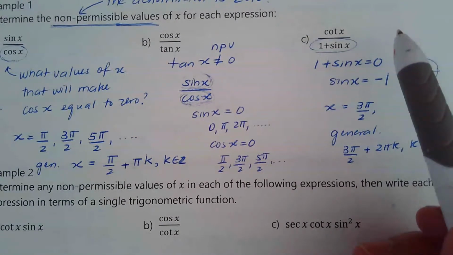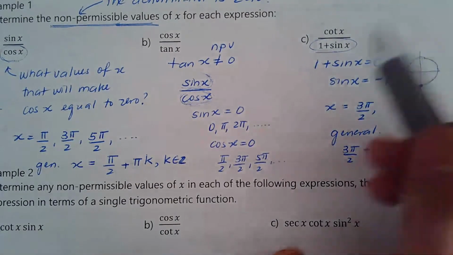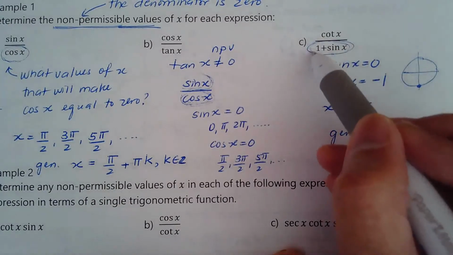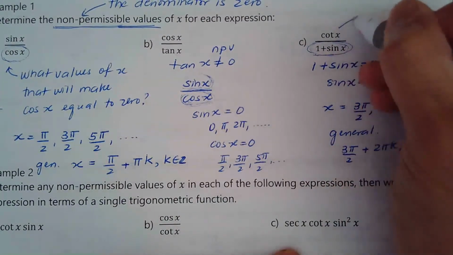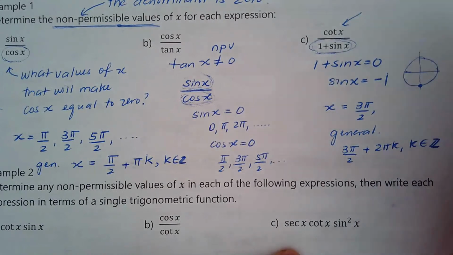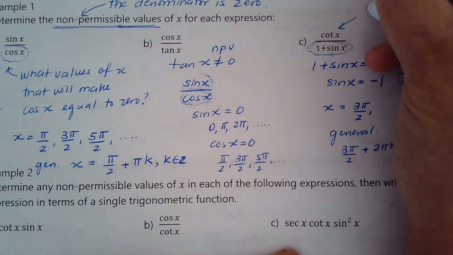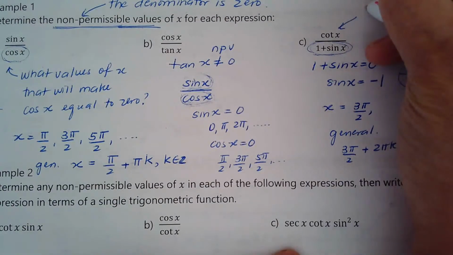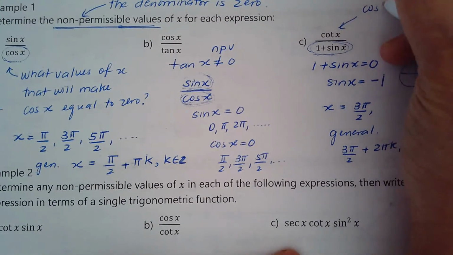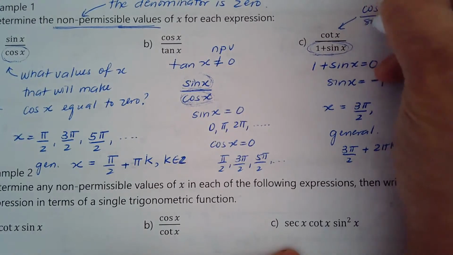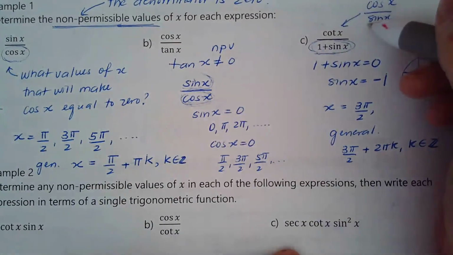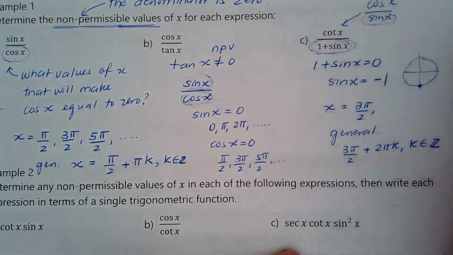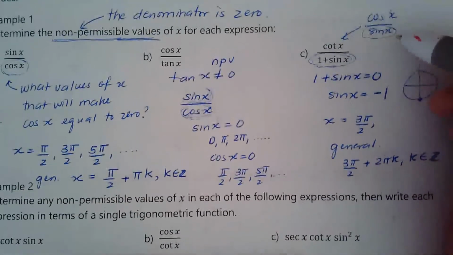Remember, the denominator of any fraction cannot equal 0. So this part here is a denominator. But cotangent also has a denominator. Remember, cotangent is cosine of x over sine of x. So we have to look for where sine of x is, because that's becoming a denominator too.